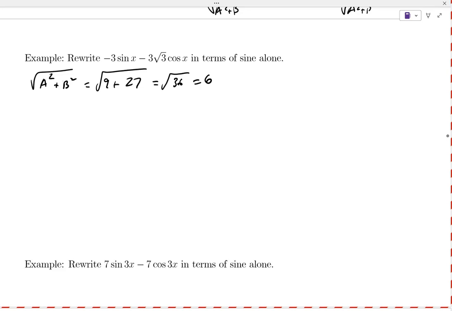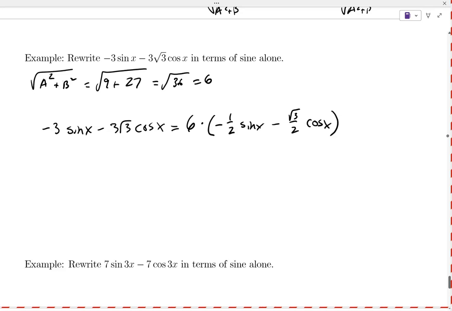All right? So we'll have our negative 3 sine x minus 3 root 3 cosine x is equal to 6 times negative 1/2 sine x minus root 3 over 2 cosine x.